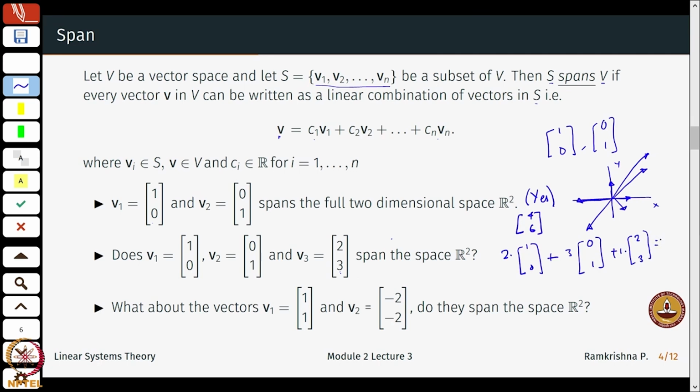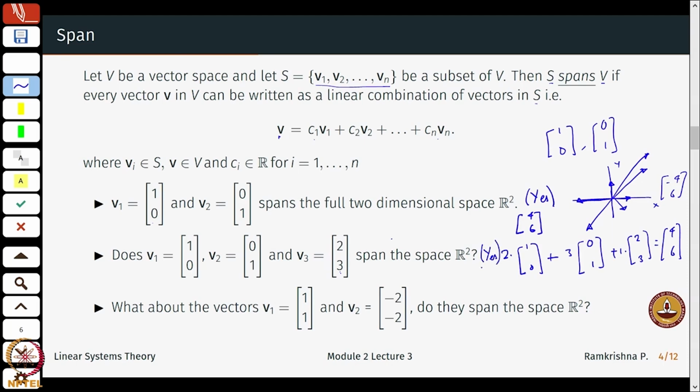So, this will give me (4, 6). Similarly with all other vectors I can use these 3 vectors or some combination of them to write any vector in R2. I can even write vectors like (-4, 6), and so on. Everything else can be written in terms of these 3 vectors v1, v2 and v3.